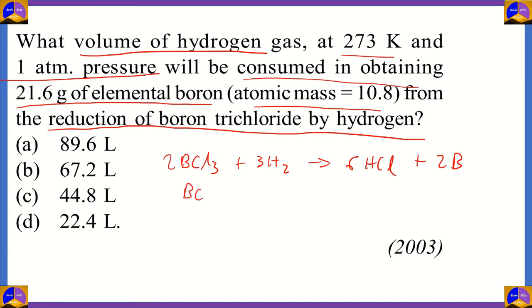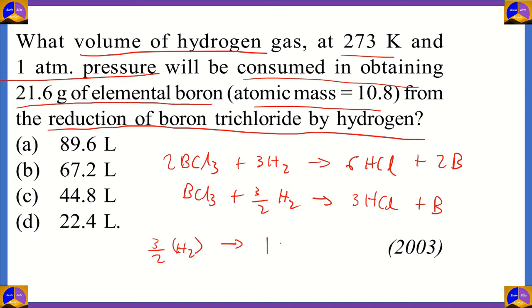So the equation now becomes BCl3 plus 3 by 2 H2 gives 3 HCl plus boron. As you can see in this updated equation, 3 by 2 times the volume of hydrogen gas gives a unit volume of boron.